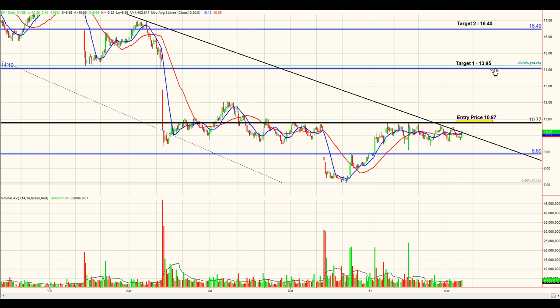In this case, we'll put it 5 cents below at 13.95. And we'll look at a longer price target at 16.40. Right here is a big resistance area, or a supply zone of price, and you can see the way it came out. So for Dean Foods, we're looking at an entry price of 10.87, a target 1 of 13.95, and a target 2 of 16.40.